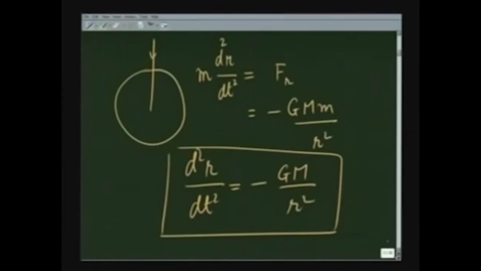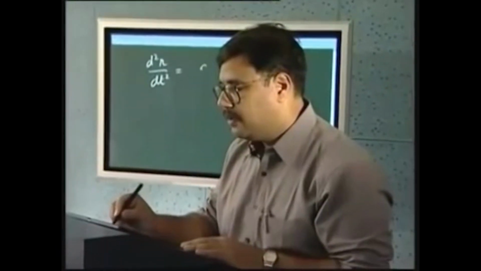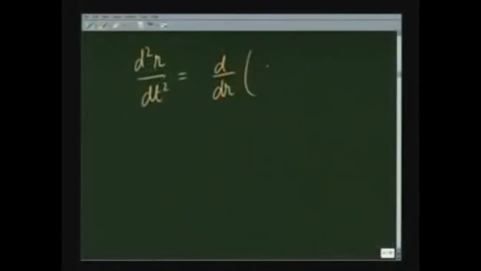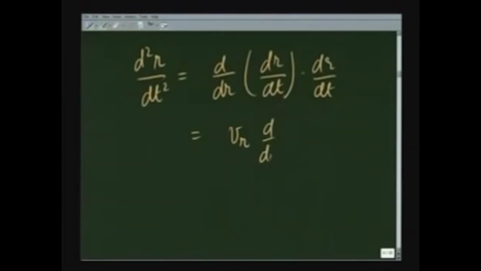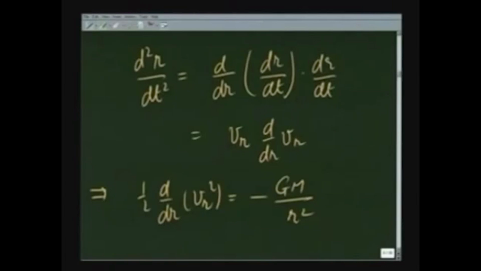On the other hand, let me apply the trick I used earlier in writing d2r over dt square as d over dr of dt times dr dt, and that gives me Vr d over dr Vr, and therefore, half d over dr Vr square is equal to minus GM over r square.